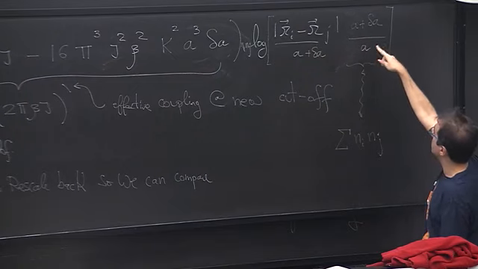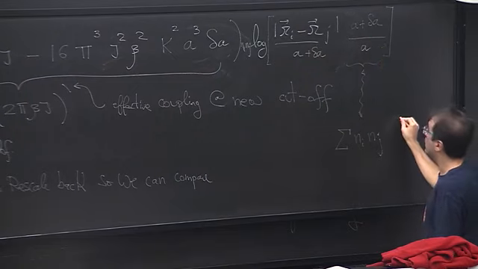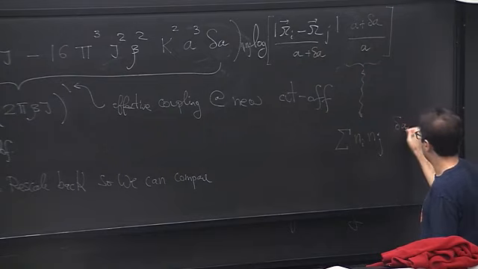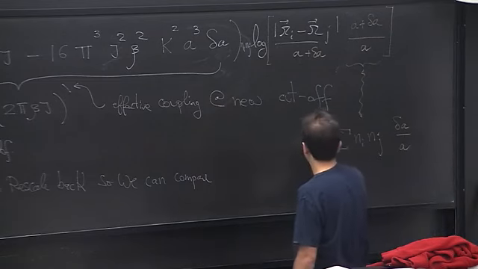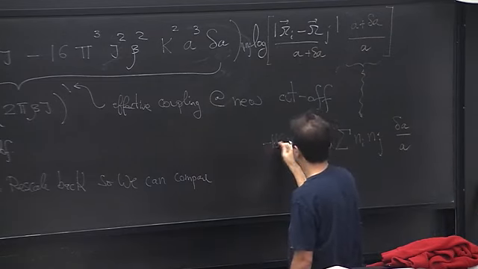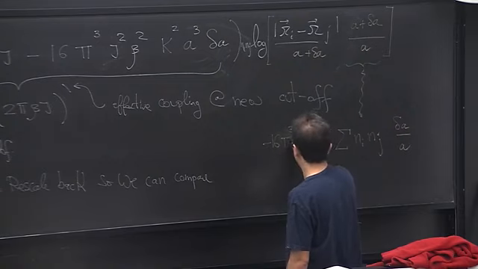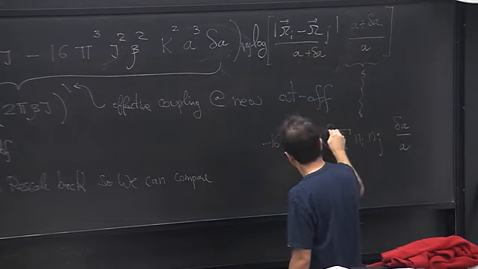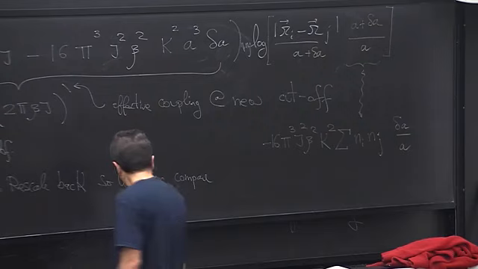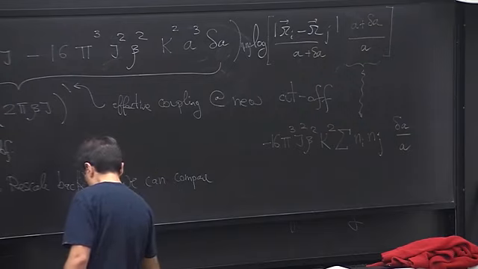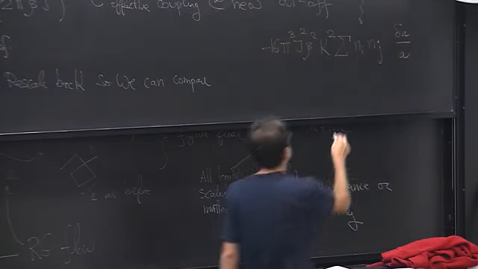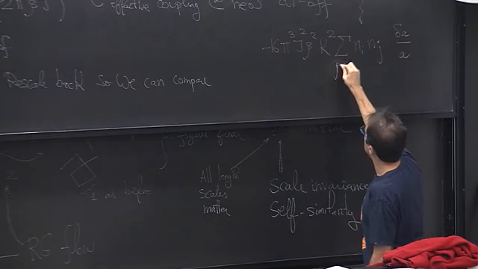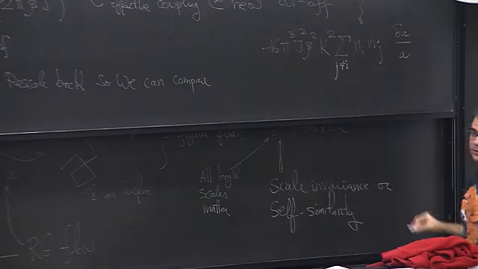And the expansion of this, when delta A is small, would give me delta A over A. And then there is this prefactor, which is minus 16 pi cubed J square beta square chemical potential square. And this sum is over j not equal to i.